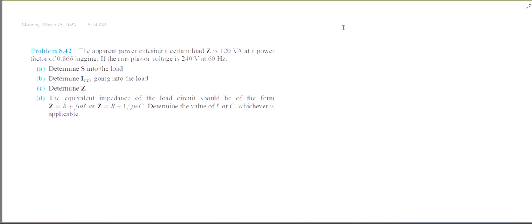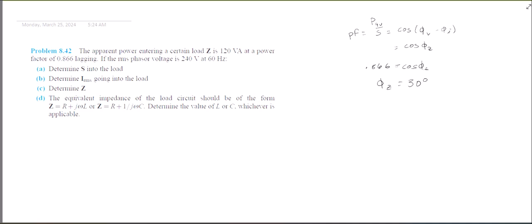If we look at the power factor, it is P average over S. It also equals the cosine of the phase of the voltage minus the phase of the current, or that equals the cosine of the phase of Z. So we can say that 0.866 equals cosine phi Z, and if we take the inverse cosine of 0.866, we get 30 degrees.